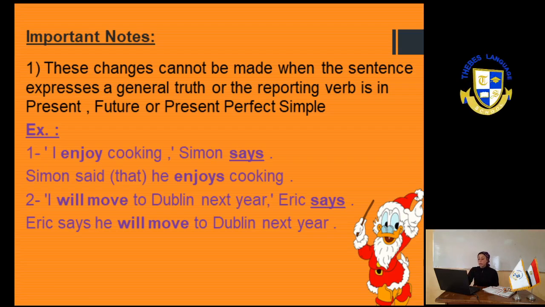So "enjoy" and "says" in the first, original sentence made me use the same tense in the reported speech. So I kept the same tense for the reported sentence. Why? Because I'm expressing a general truth by using the present simple tense, and I also have the reporting verb in the present simple tense.